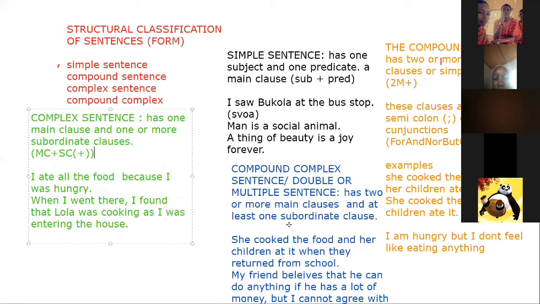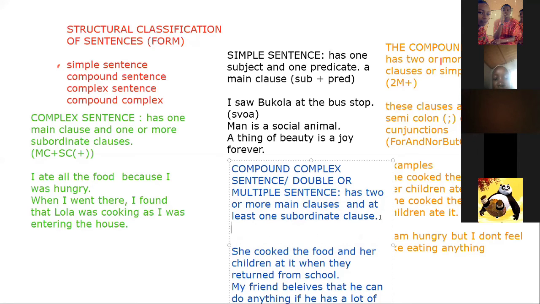And for the compound complex, we can have something like 2MC plus.